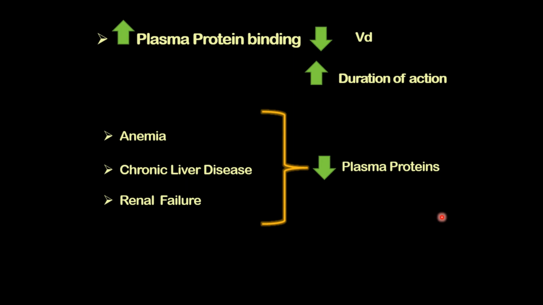And when the plasma proteins are deficient, it will definitely alter plasma protein binding. Those drugs that normally bind 95% with plasma protein, with 5% as the free fraction, in case of deficiency of plasma protein the free drug fraction will be more, and again it will produce therapeutic effects along with adverse and toxic effects. So this was all about plasma protein binding.